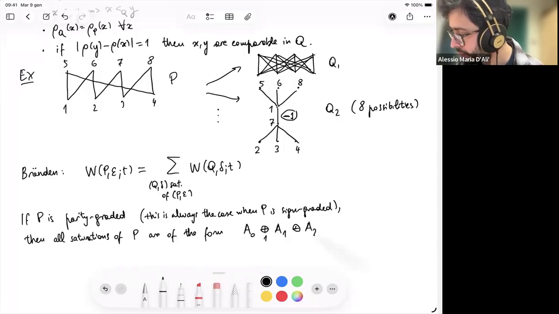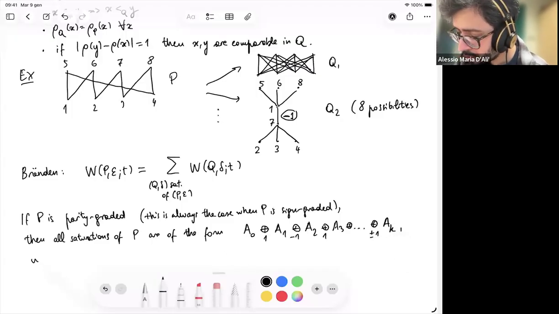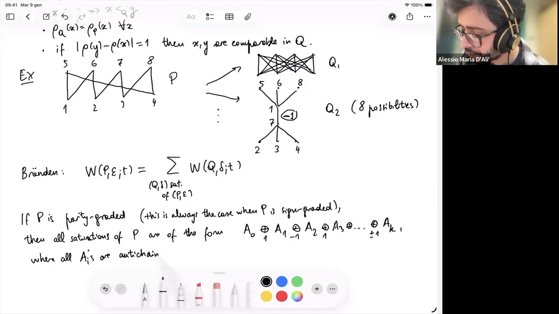I'm just going to write it down and then I'm going to describe it, where all of these A_i are anti-chains. So let's just look at that in the example.